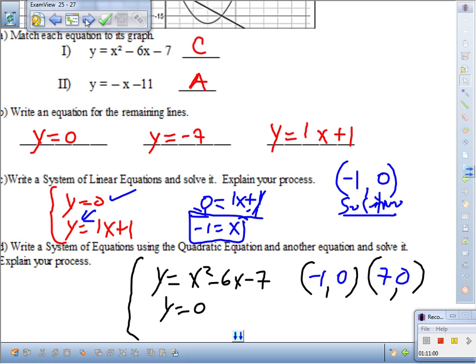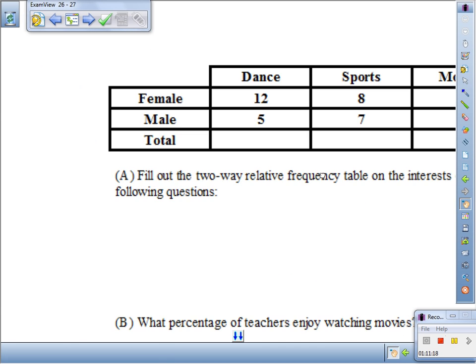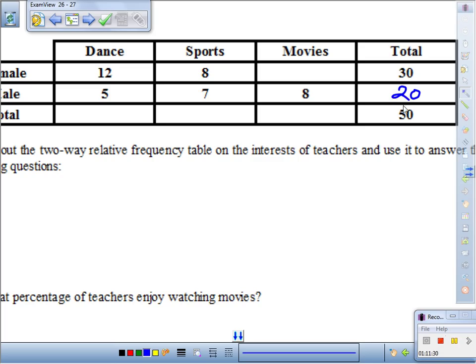Go to number 26. Here we go. Let's fill this in. Look up. If this is 50, what goes here? 20. All right? So if this is 30, and we got 12 and 8, that's 20, so what is this? 10.